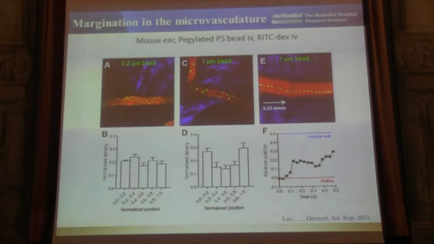The 1 micron beads, most of them are next to the vessel walls, and they are rolling on the vessel walls as macrophages would. So they are sensing the presence of abnormalities. You also see, this is a single individual 1 micron bead that is kicked laterally at specific instants by the red blood cells.